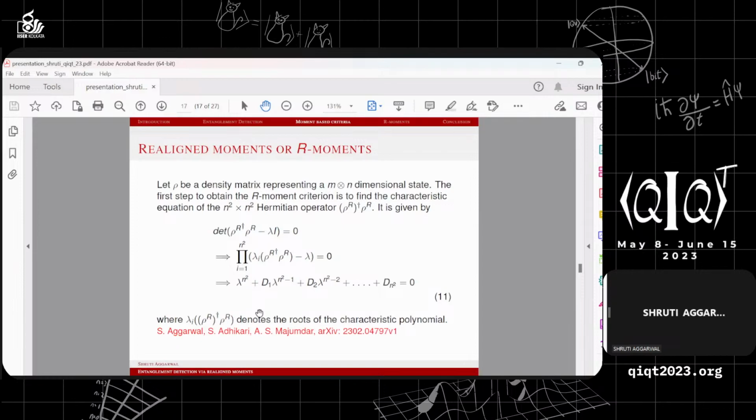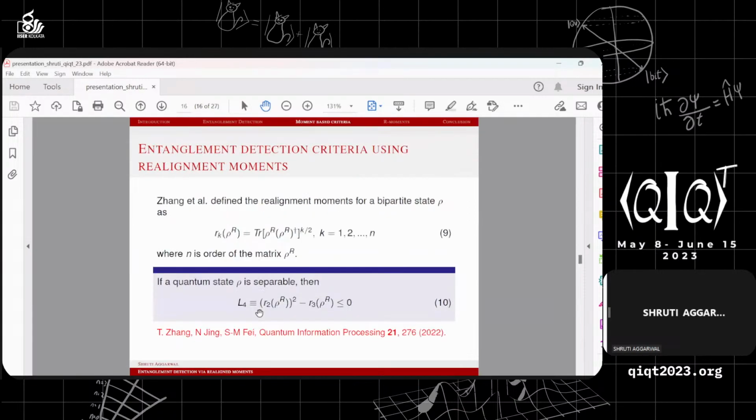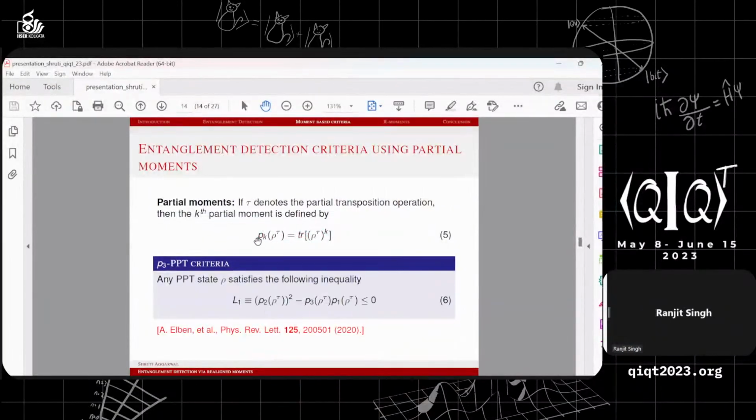If we take the cube of the matrix and then take the trace, it is called the third moment, and so on. This is how we define the moment. So for example, this is the partial moment. The kth moment is defined as the trace of this matrix rho tau to the power k.